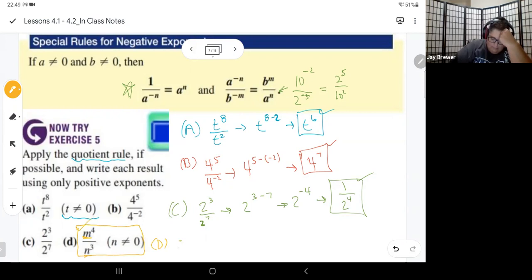And we say additionally, quotient rule does not apply to unlike bases. Okay, that's why they don't apply.